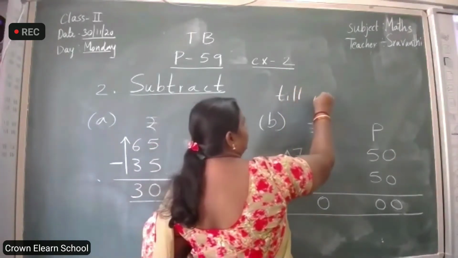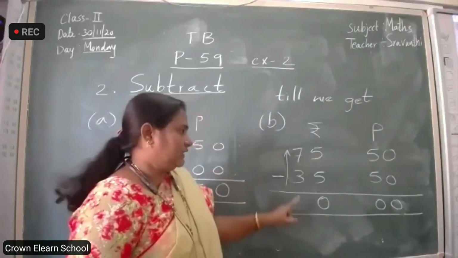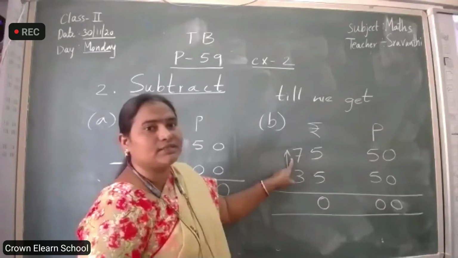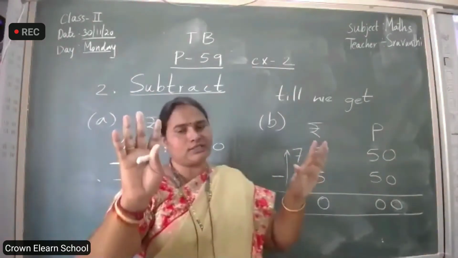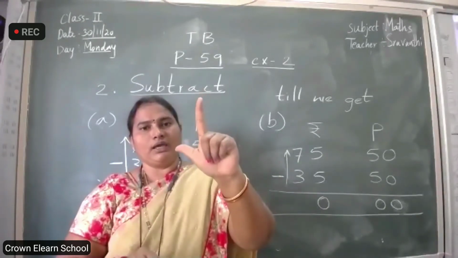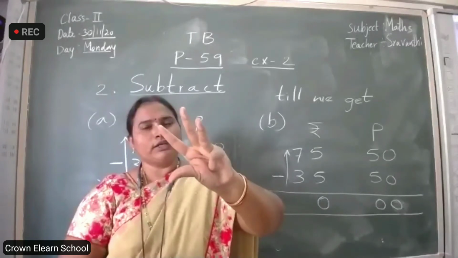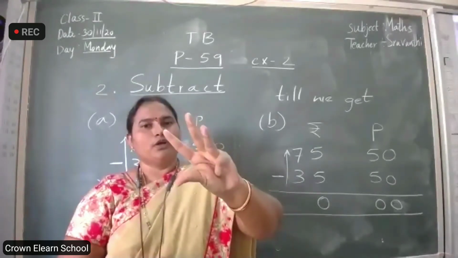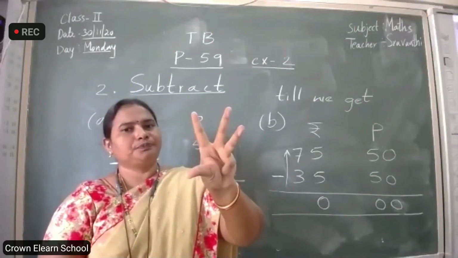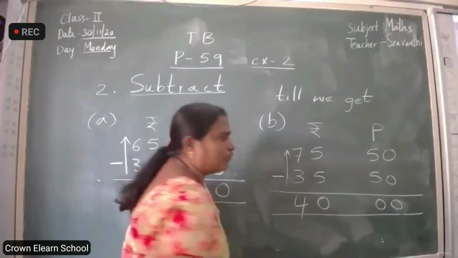Till we get. 3 after, till we get 7. Okay, let us do that. 3 after, 4, 5, 6, 7. Look at your fingers. How many fingers are open? 4. You also got the same answer now, 4.